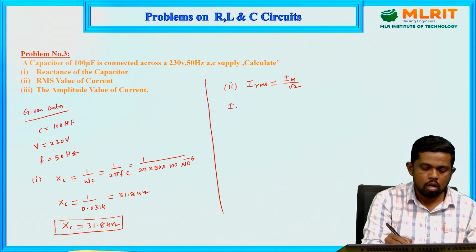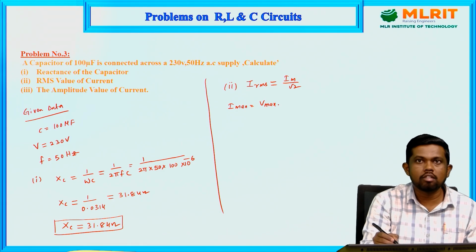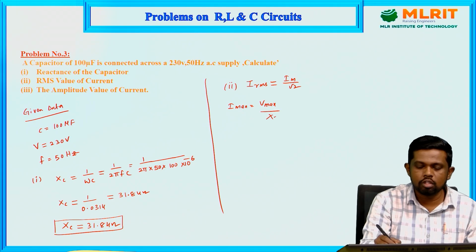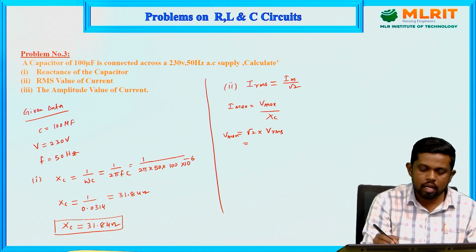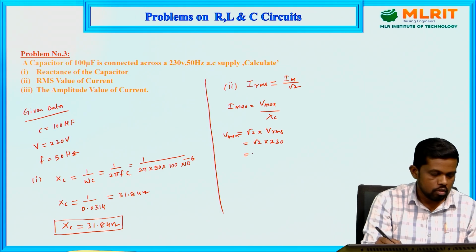We are able to get the Im value from the reactance offered by the capacitor plates, that is Vmax upon X_C. Vmax we don't know yet. So Vmax equal to root 2 times Vrms, because we know Vrms is Vm by root 2. Then root 2 into 230, this value is 325.2 volts we got.